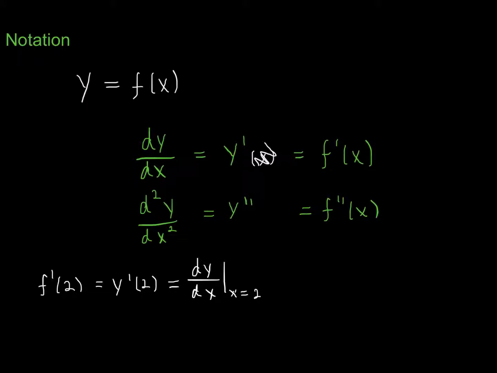This is a way to say you're evaluating the derivative of y with respect to x when x equals 2. And as we'll see, we're going to use this notation a lot. Sometimes you'll be asked to evaluate the derivative at a certain point, and this is how you represent that you're evaluating dy/dx at a certain value. So with that quick refresher, let's get into implicit differentiation.